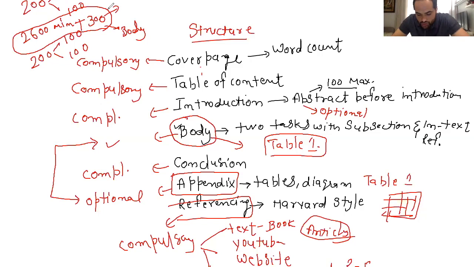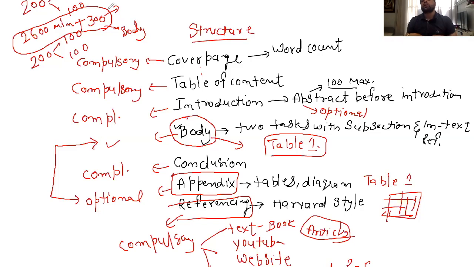So in your introduction, you have to explain what you're going to write down in your assignments, all right? So summarize your task one, question one, summarize your question two. That's going to be part of your introduction.